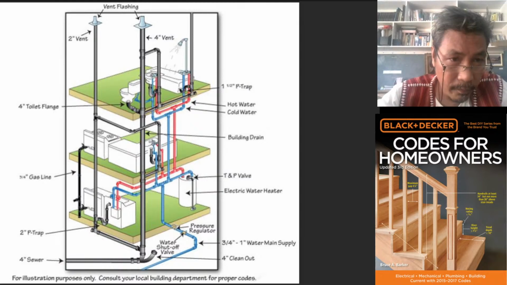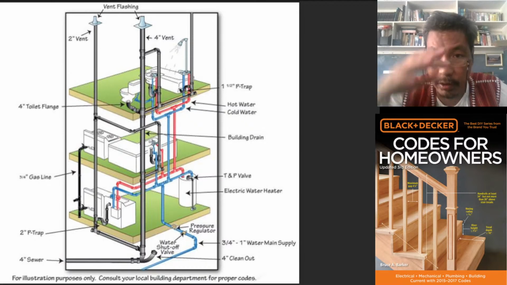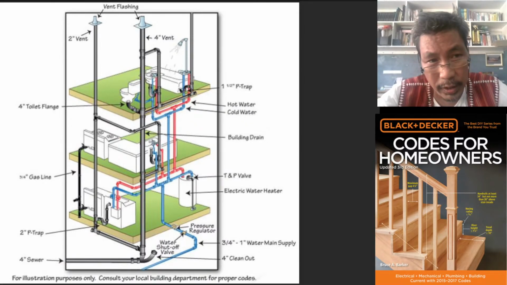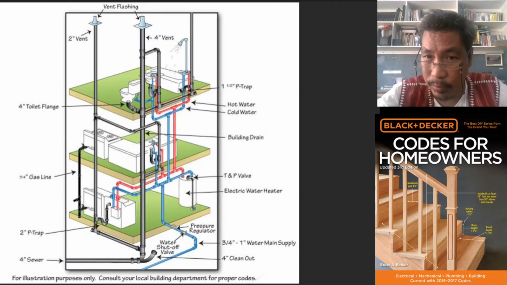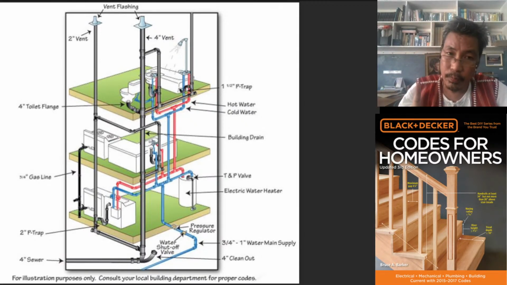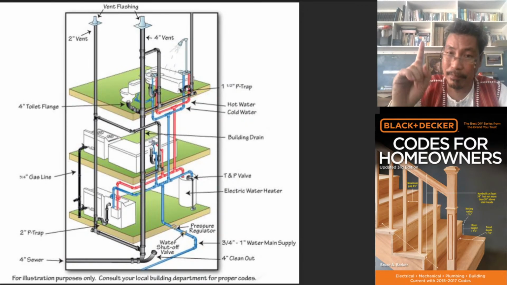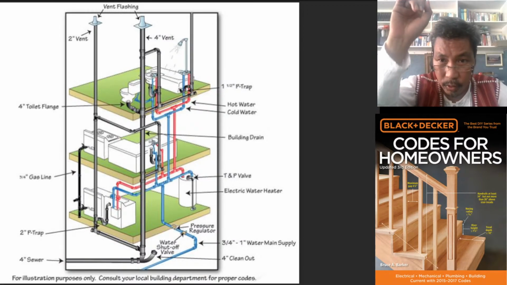So vent flashing. This is what we call vent flashing. Where is it located? It is located on the roof, so that the rain would not be able to enter the inside of the building, the interior of the building, through the roof, because we would like to pass a pipe through the roof.